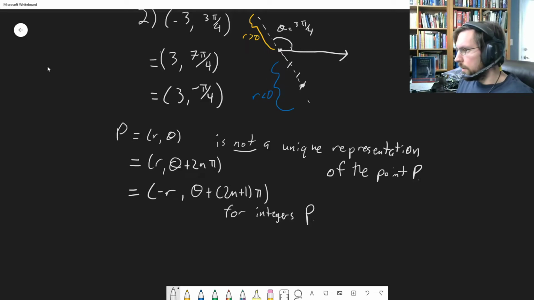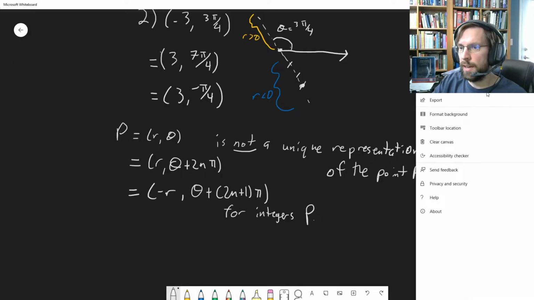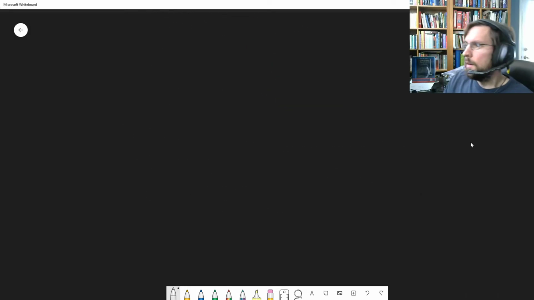Okay, but now at this stage in our mathematical careers, we've been working with Cartesian points for so long, it's often nice to think about how these things interact with one another.